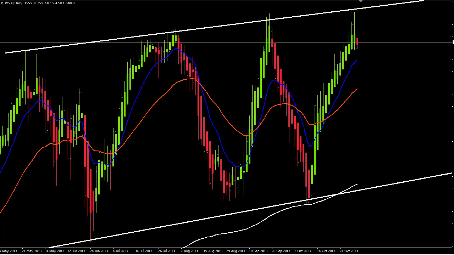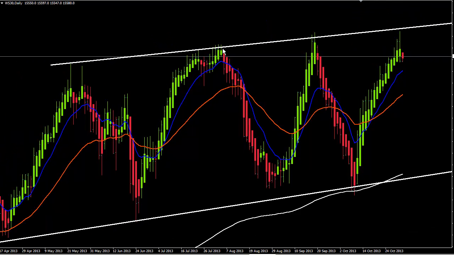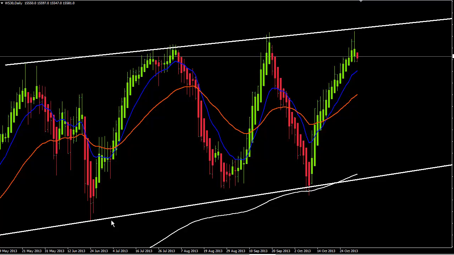About the Dow, yesterday, again, here we have a live example. Right now it's happening. Remember when we had the bounces on support, we also talked about that in the bounce trading seminar. Here, down here, the price moved up, right?